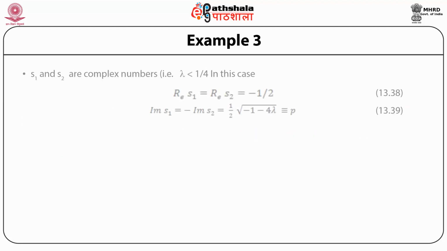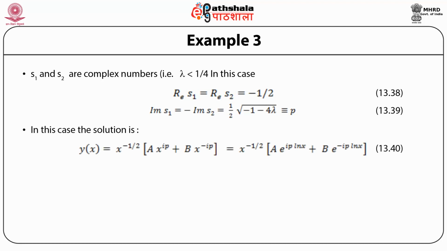If the roots s1 and s2 are complex, which will happen when lambda is less than minus 1 by 4, in this case, the real parts of the two roots are equal. So real part of s1 is equal to real part of s2 is equal to minus 1 half, where imaginary part of s1 is minus the imaginary part of s2, which is equal to half under root of minus 1 minus 4 lambda, which we write as equal to p.